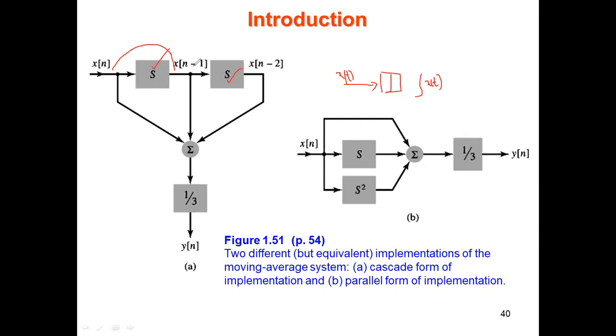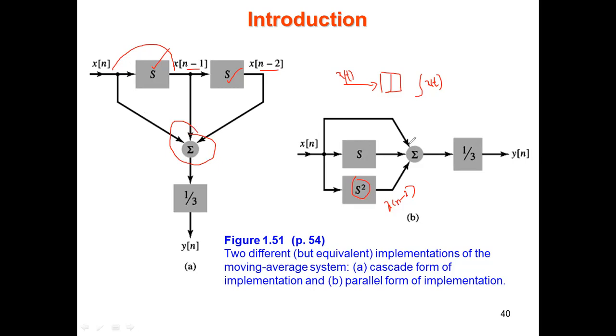There is a shift operation. If I apply it twice, this means x of n minus 2. Simply one shift gives x of n minus 1. Then the signals can be added. There is a summation operator.